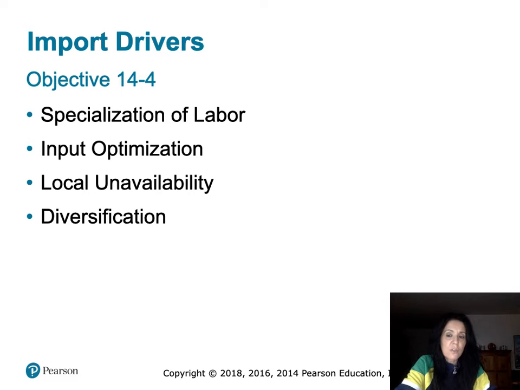Companies import goods from foreign suppliers in order to lower their costs. This is imperative in industries where competitive rivalry imposes persistent cost pressures, such as telecommunications and business services. And then we have local unavailability.